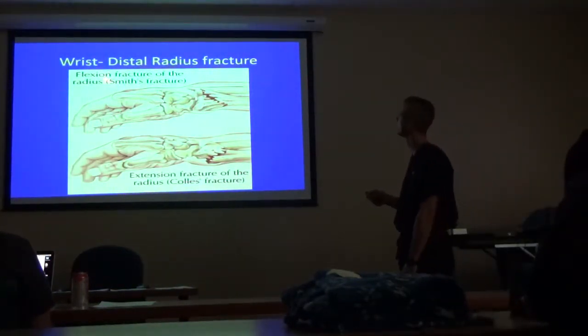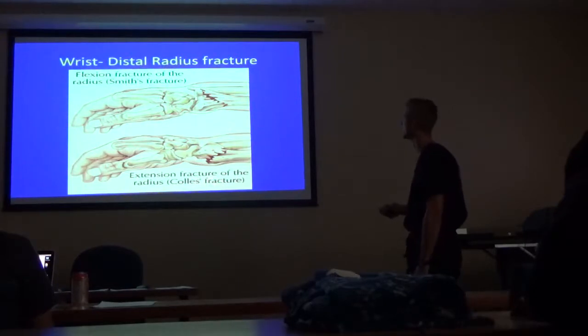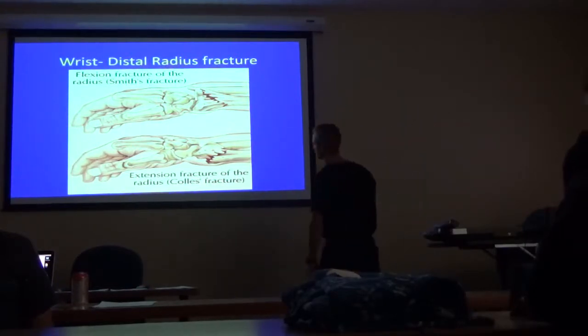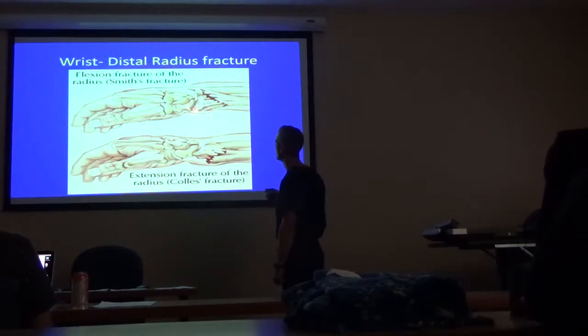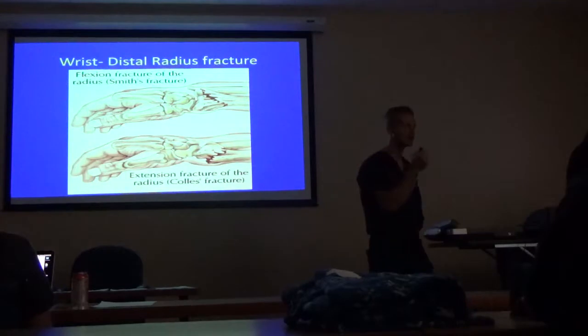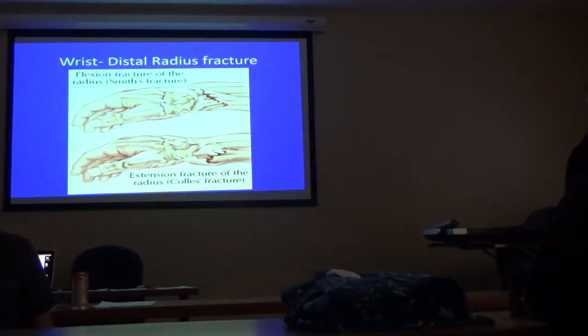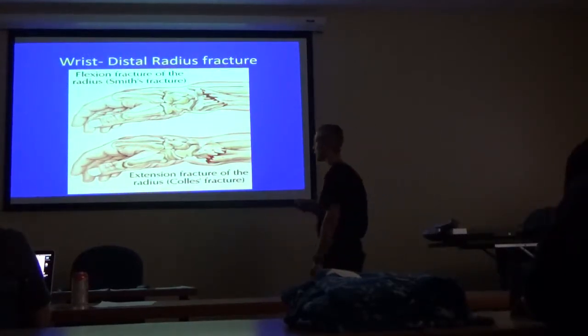So, Smith fracture, flexion fracture of the radius. Colles, extension fracture of the radius. So you're going to have dorsal and palmar displacement. What am I trying to think of? I'm sorry, I just blanked. It's going to be where your fracture segments are displaced to.